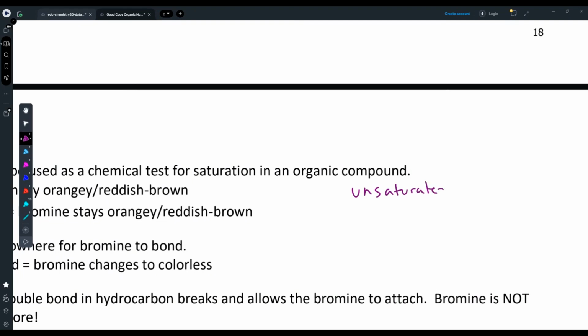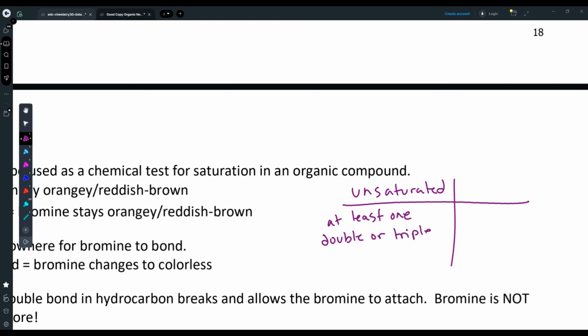Unsaturated means that the compound has at least one double or triple bond. And that'll be a double or triple bond between two carbon atoms.